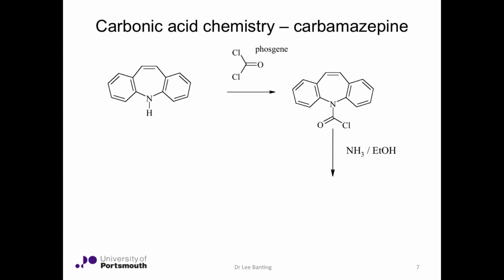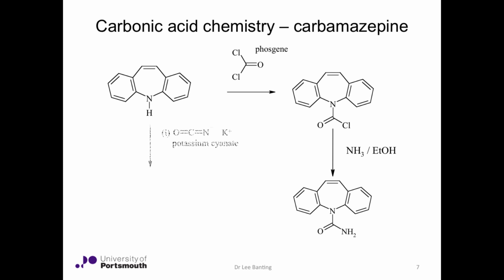Ethanol is not nucleophilic enough to react under the conditions that could be chosen for this chemistry. The ammonia, or an amino chemistry, would be more nucleophilic, and this selectively reacts at the carbamyl chloride to give a urea, and this would complete our carbamazepine chemistry.